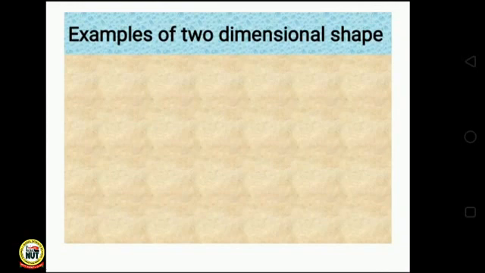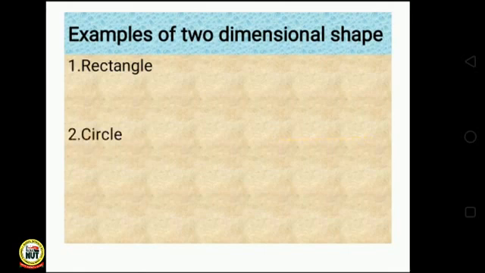Examples of two-dimensional shape. The first example here we have the rectangle. The rectangle is one of the examples of two-dimensional shape. The second one here we have the circle. The circle is another example of two-dimensional shape.